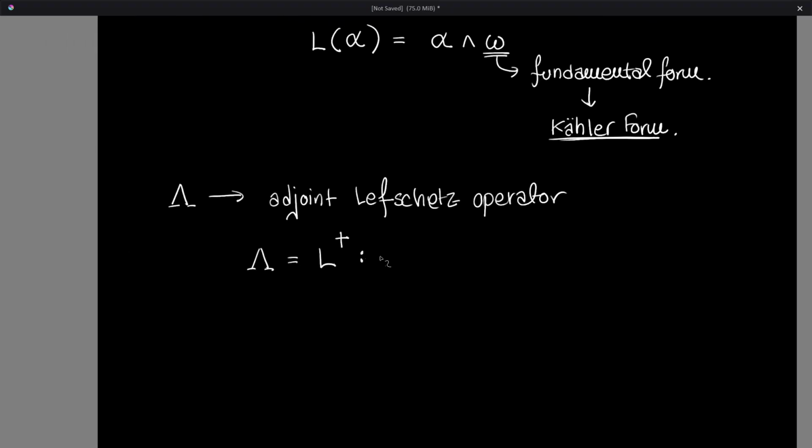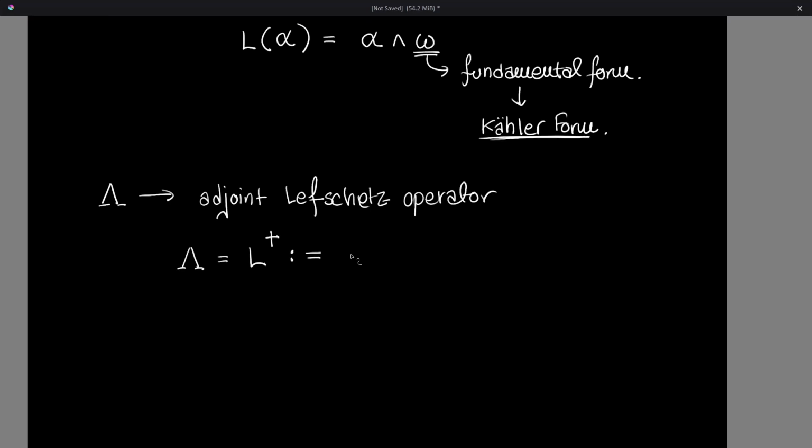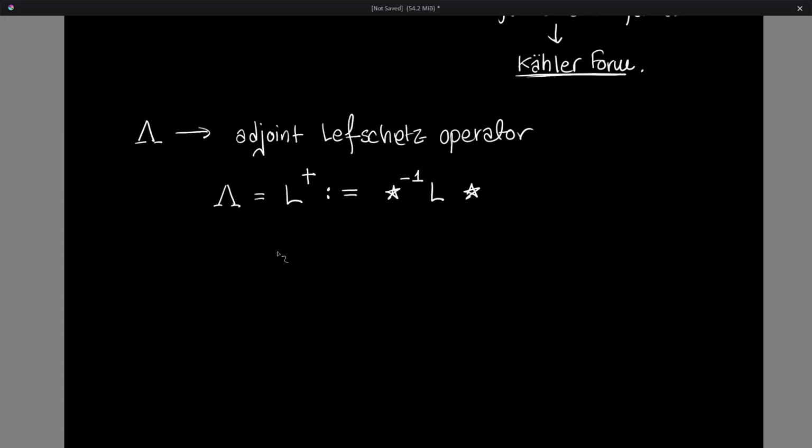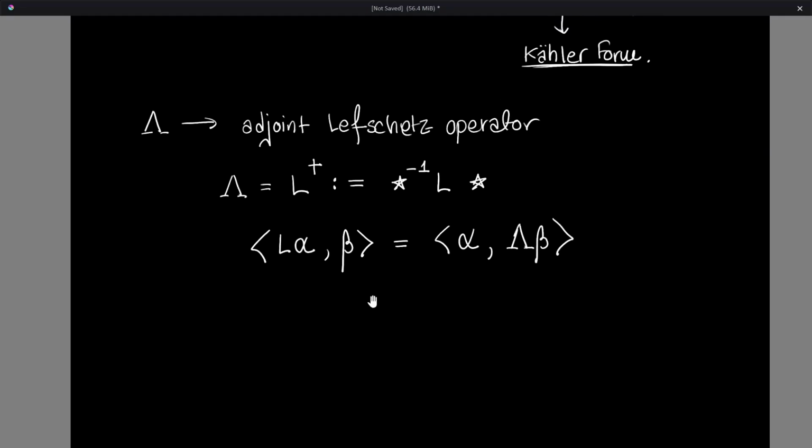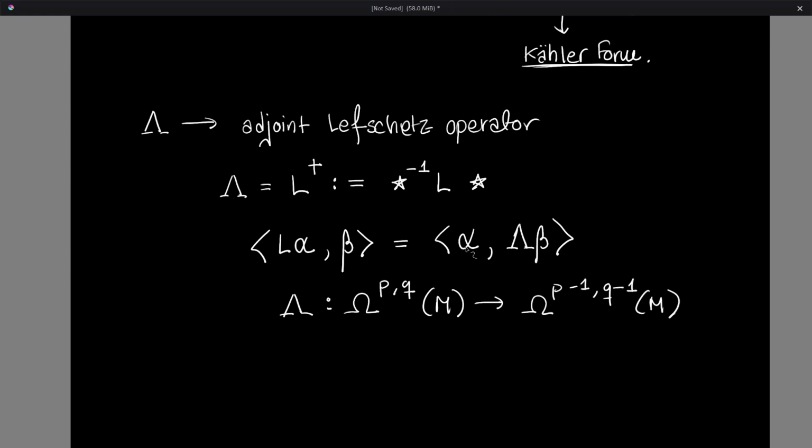It's defined so that it's equal to Hodge star inverse L Hodge star, which causes it to act in the following way: if we take the Hodge inner product of L applied to alpha with beta, we get the same thing as the inner product of alpha with lambda applied to beta. So that's the definition. I didn't write its signature, so it looks like this: Ω^{p,q}(M) to Ω^{p-1,q-1}(M). So that's the adjoint Lefschetz operator.